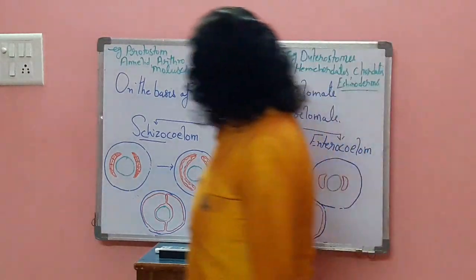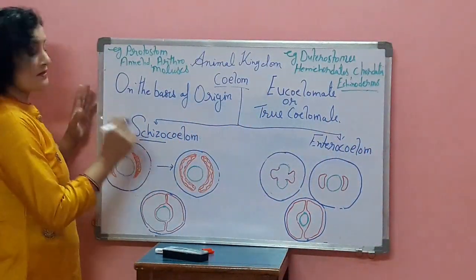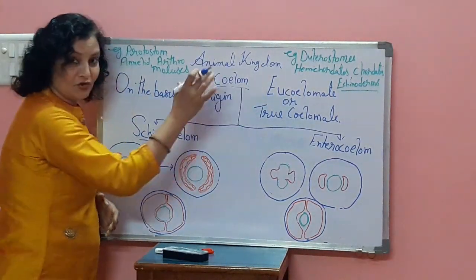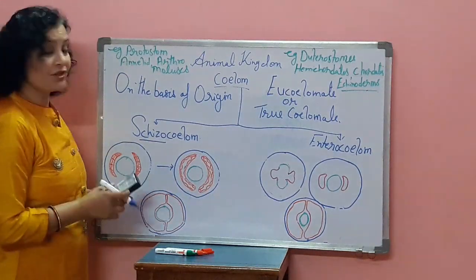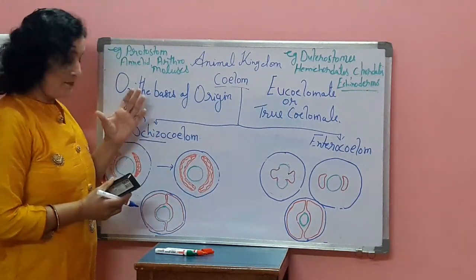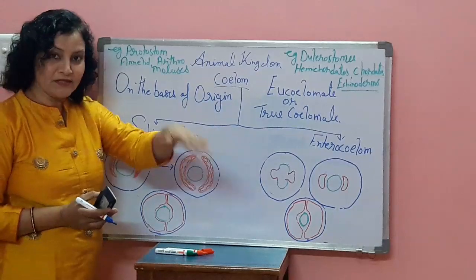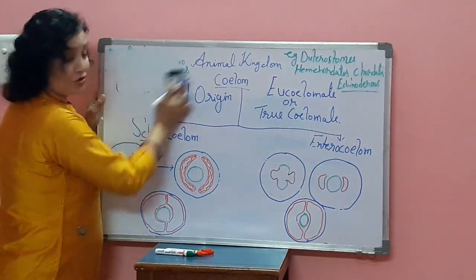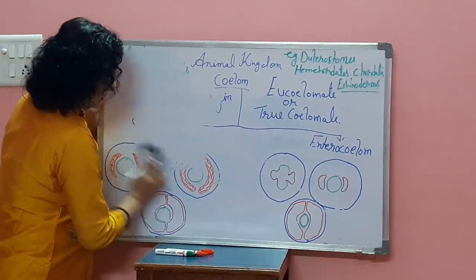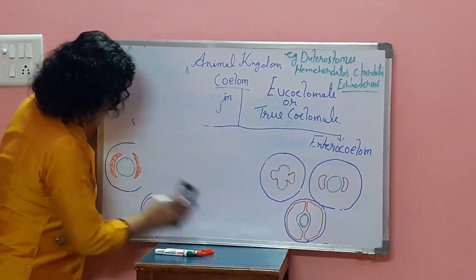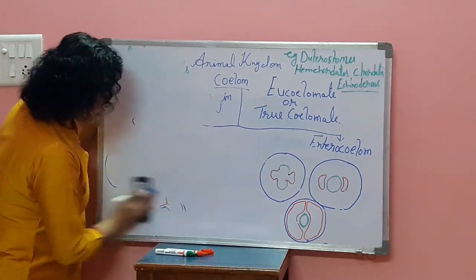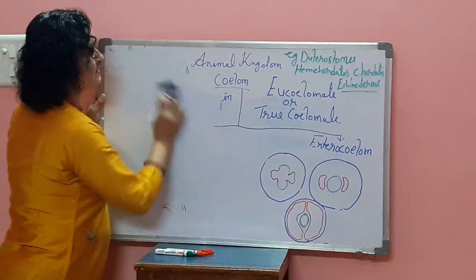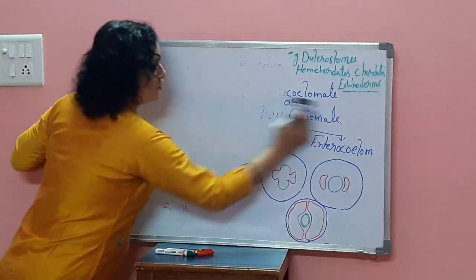Now the next thing, which is most important for the term coelom: which cavity of the embryonic stage is converted into the coelomic cavity? This cavity is called archenteron, which is present in the gastrula stage. So in the gastrula stage, the archenteron cavity is converted into the coelom.